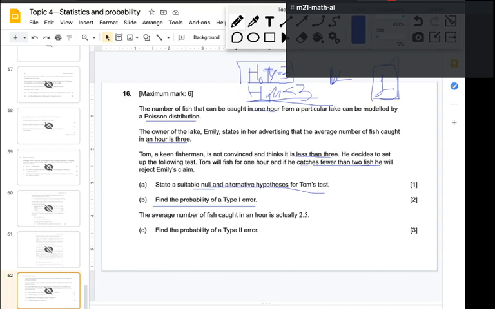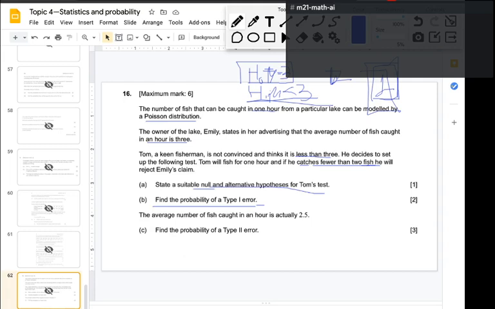So you just need to find the probability of catching 1 fish or 0 fish. You insert it into the Poisson distribution, the Poisson CDF, with 1 and 3.